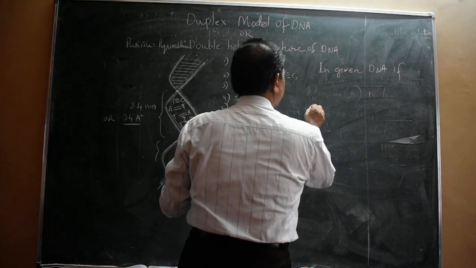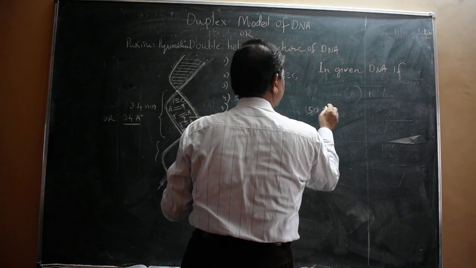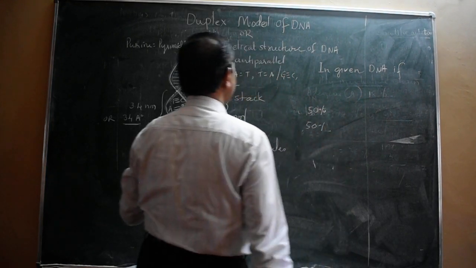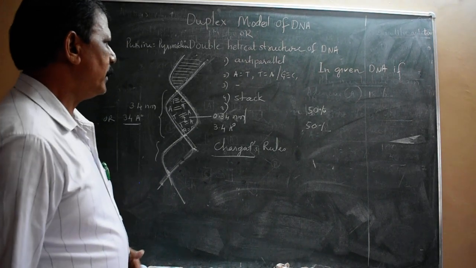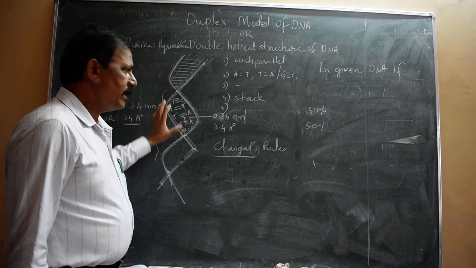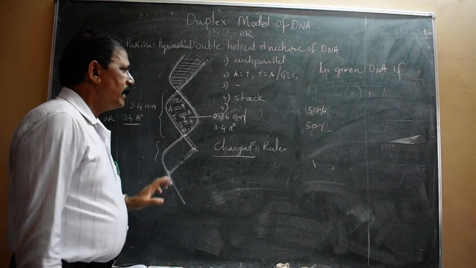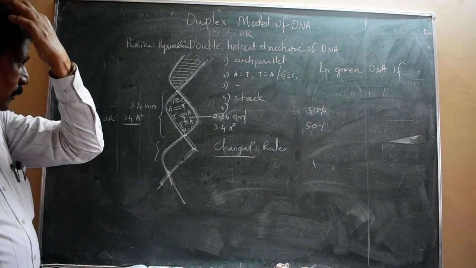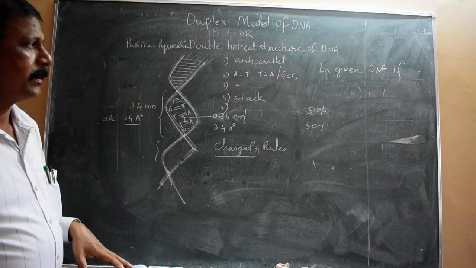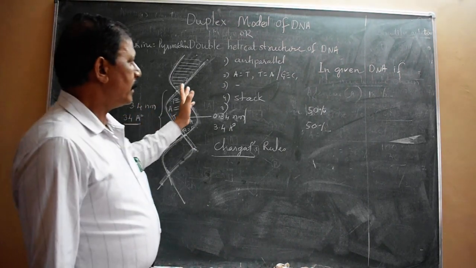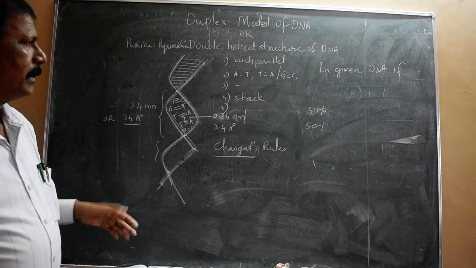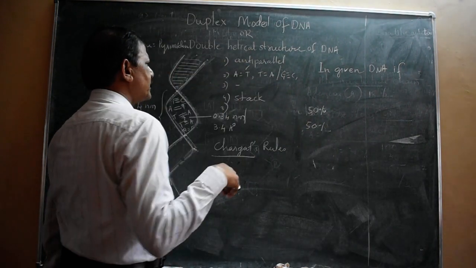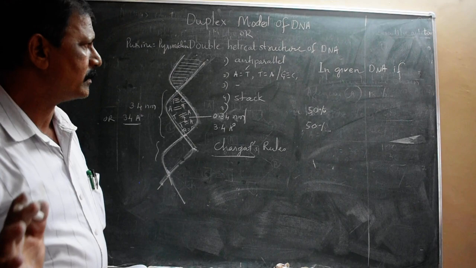So 50% purine and 50% pyrimidine should be there, and only then does it complete the entire DNA. So in this way, if 18% adenine is there, there must definitely be 18% thymine.